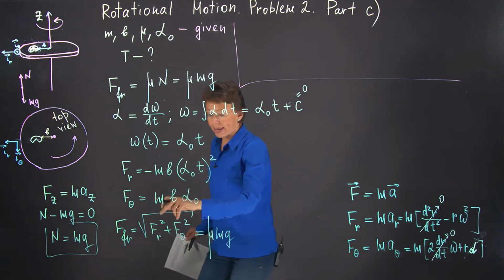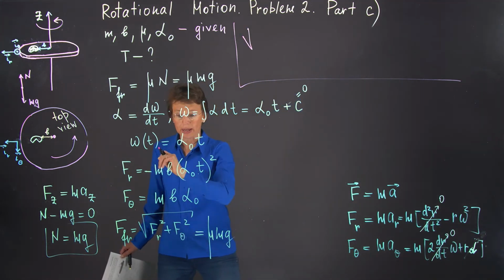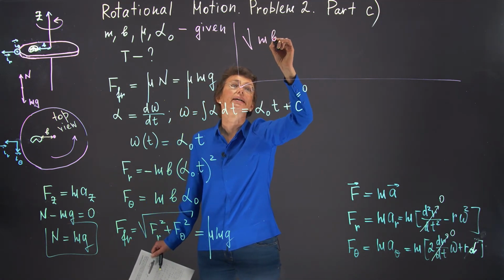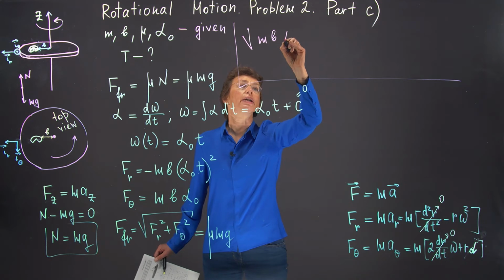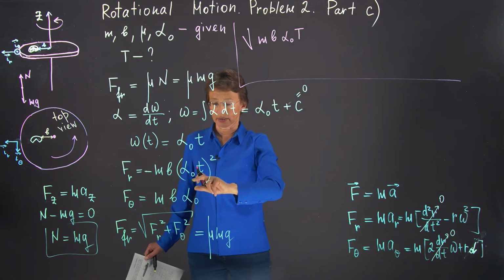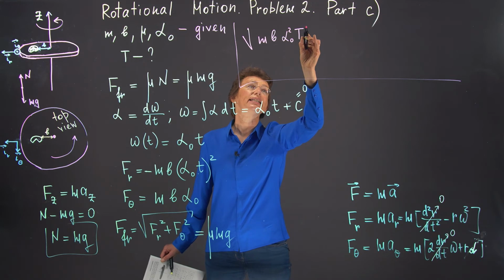So square root, Fr squared will give me m b alpha naught t, where t is t capital, squared. So it is alpha naught squared, t squared.